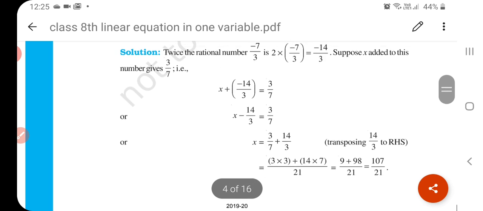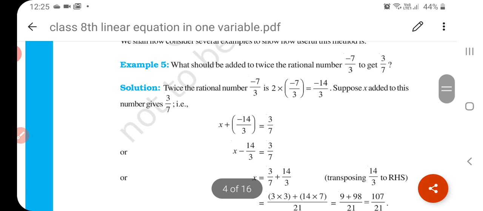Okay students, let's see this example number 5. What should be added to twice the rational number minus 7 by 3 to get 3 by 7? Okay, see carefully. Twice the rational number means this number will be twice, means 2 into minus 7 by 3.